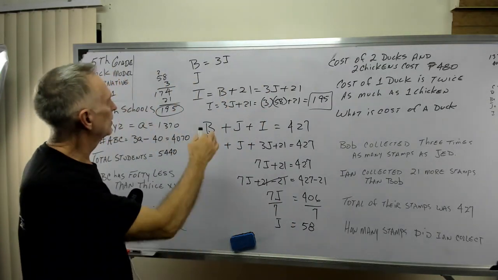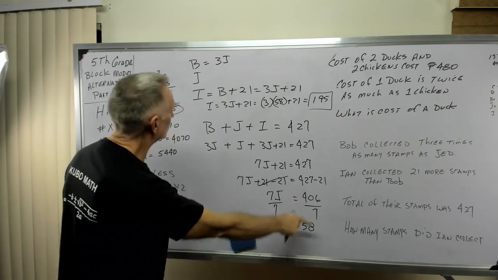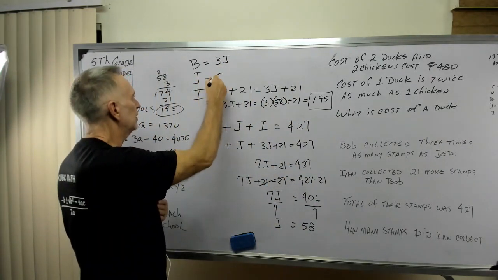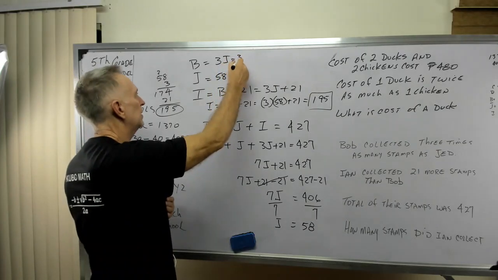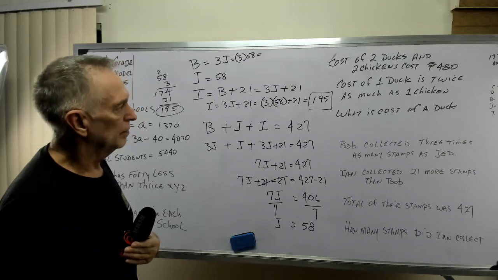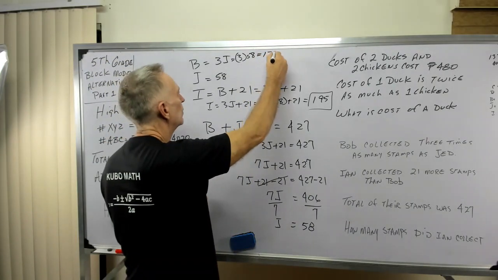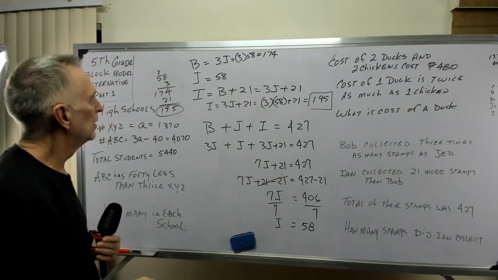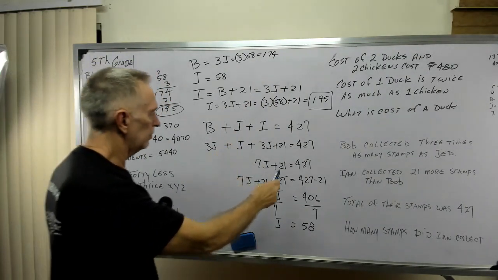Now obviously, since you know Jed was 58, you could go back and solve for Bob. Bob was 3 times 58, so Bob had 174. And 174 plus 58 plus 195 should give you the 427.